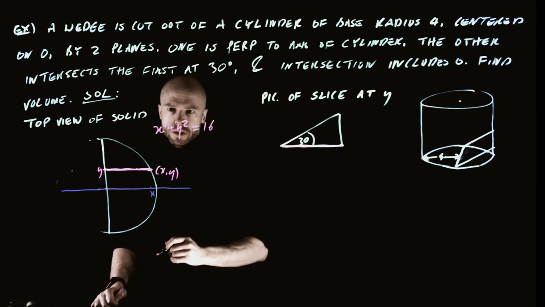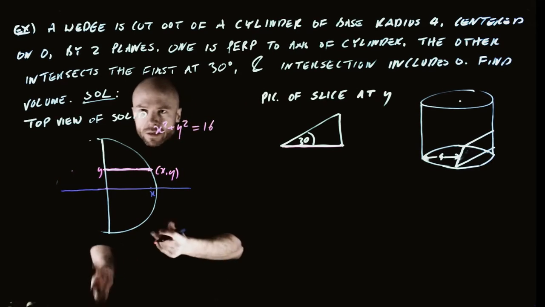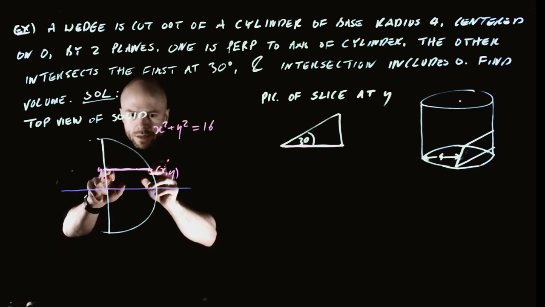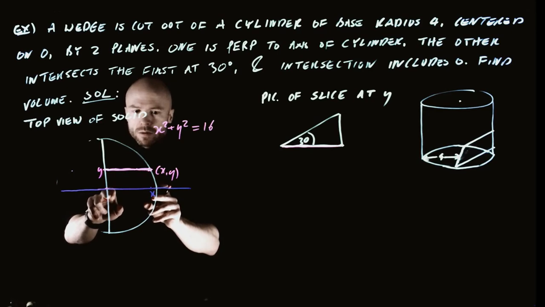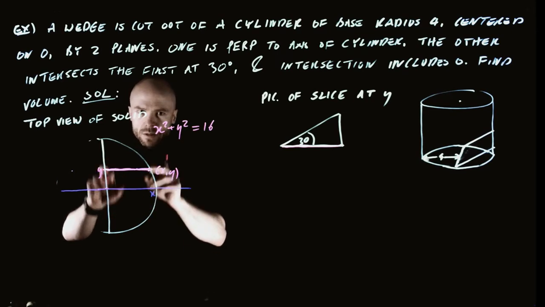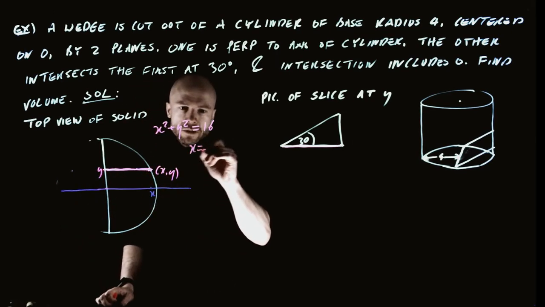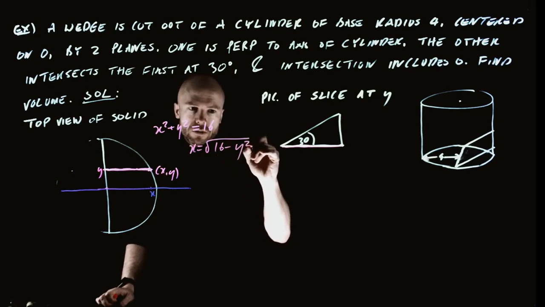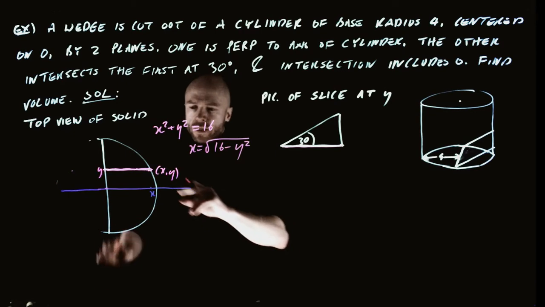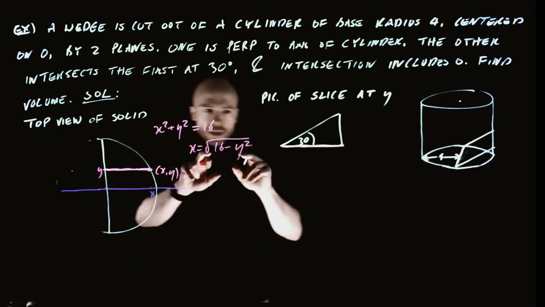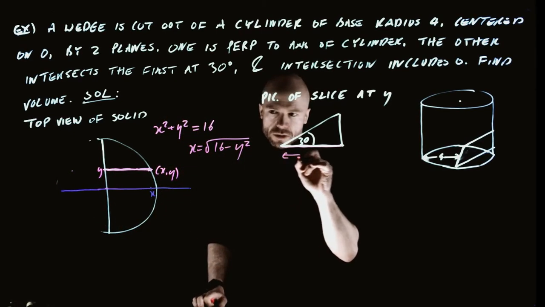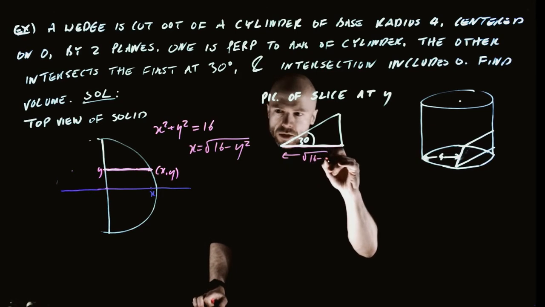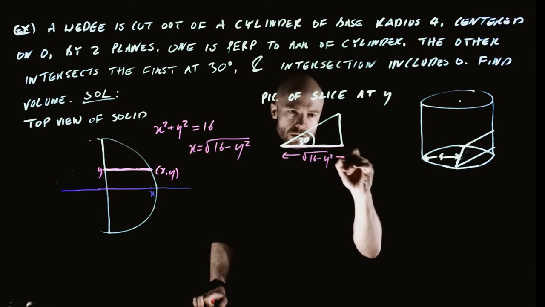So again, our task is to find this length, but this length is just the same as the x-coordinate, as we can see. So x is equal to the square root of 16 minus y squared. Then this length is exactly this thing, so we can fill this out: the square root of 16 minus y squared.